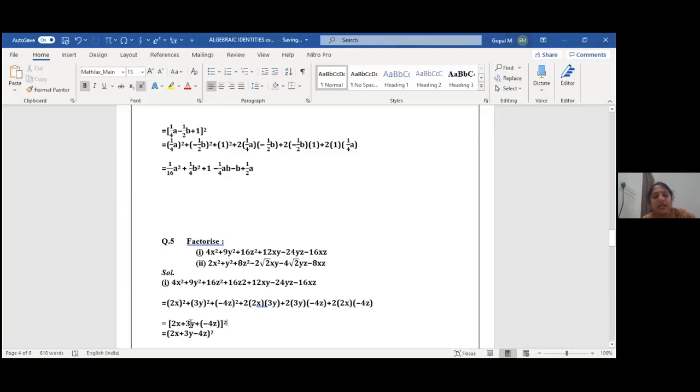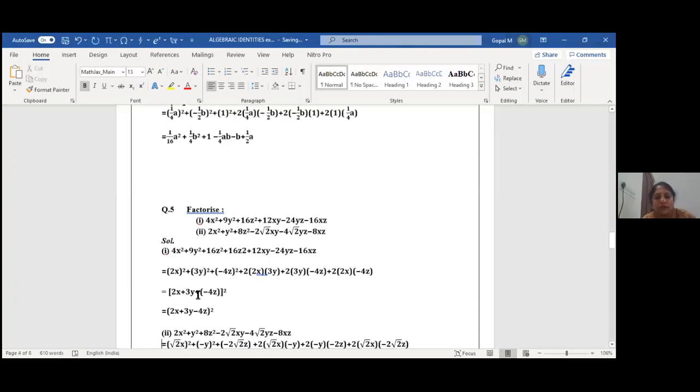So here A value is 2x, B value is 3y and C value is minus 4z. If you expand this one, you'll be getting this result, RHS. Am I clear, children? Anyone have doubt in the first sum?